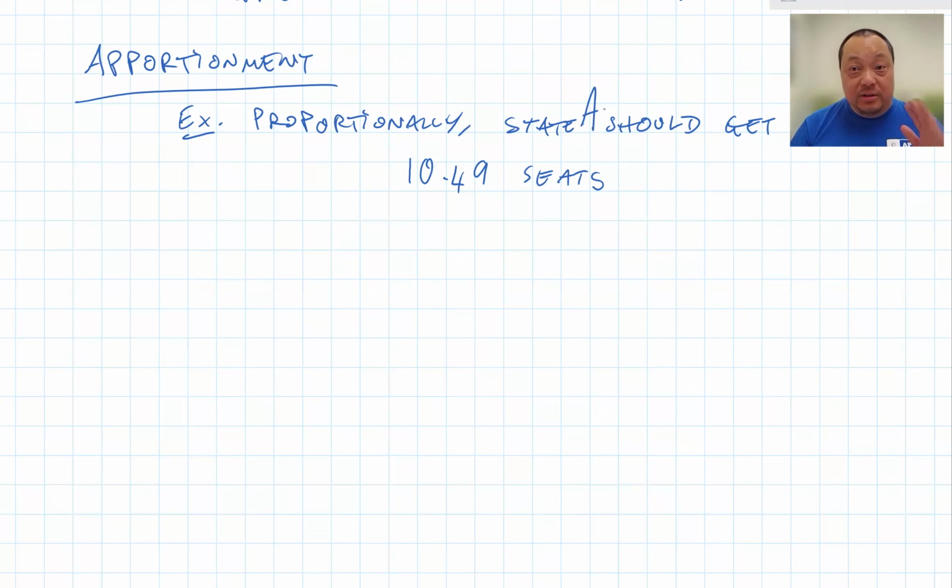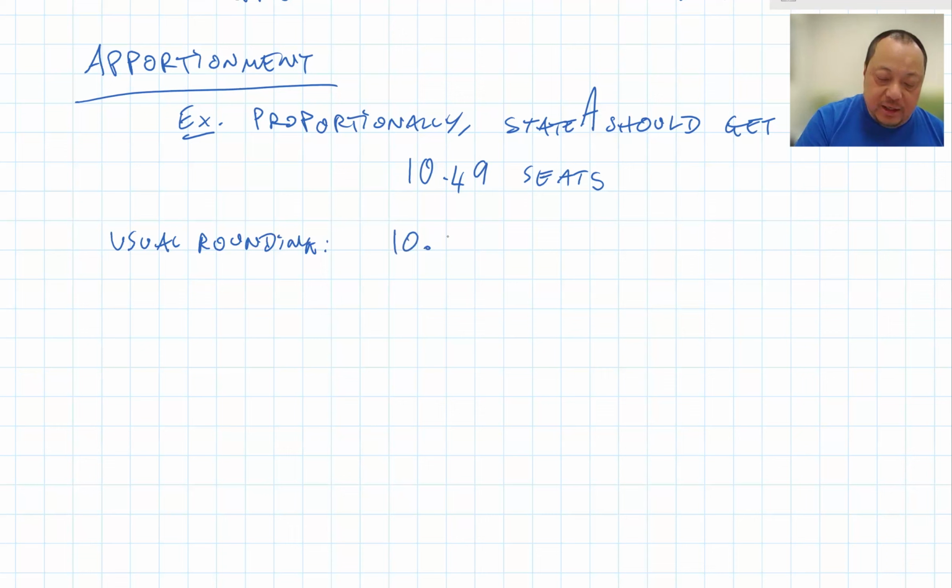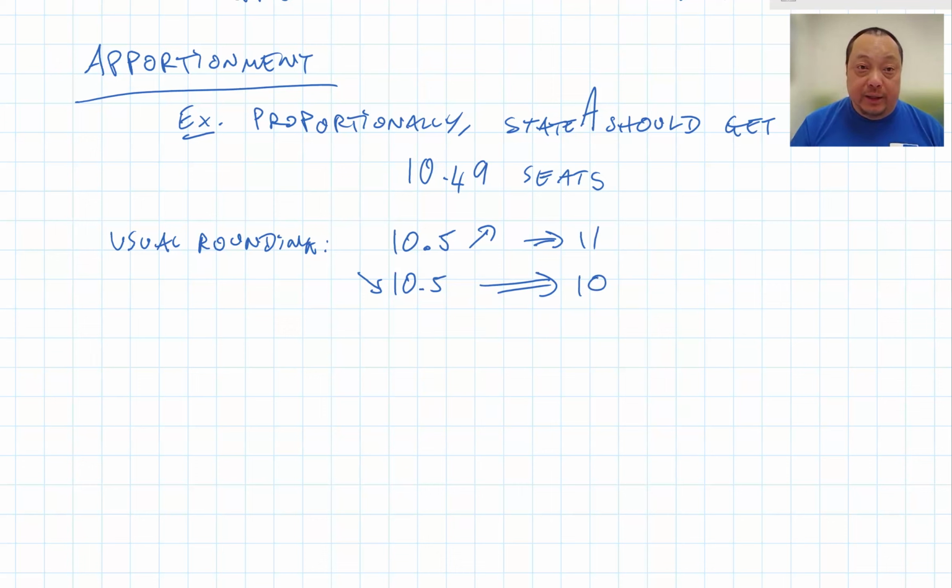Well, now what? Does it get rounded up to 11 or down to 10? The usual rounding is that if it's 10.5 and up, then it becomes 11. If it's less than 10.5, then it goes down to 10, right? That's the usual rounding.